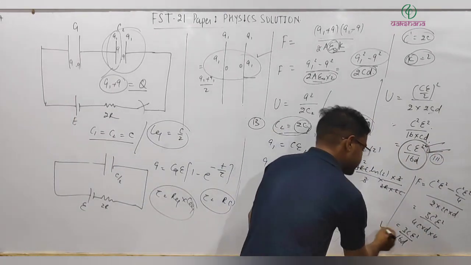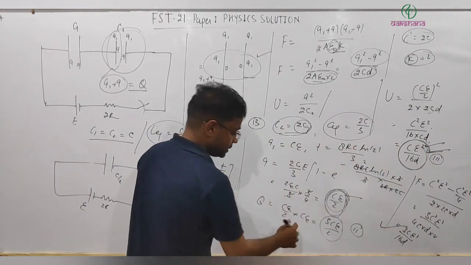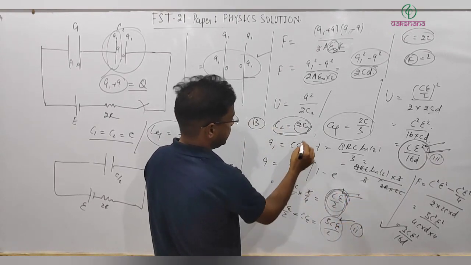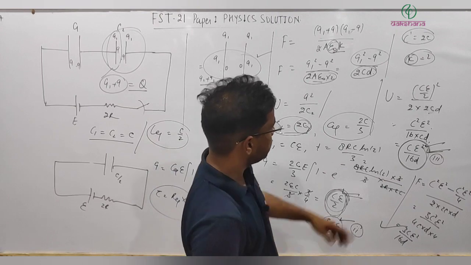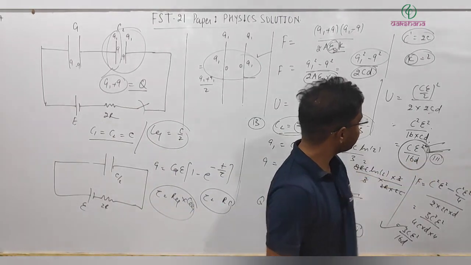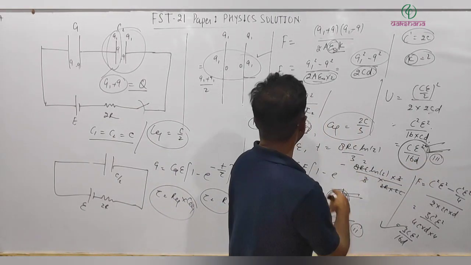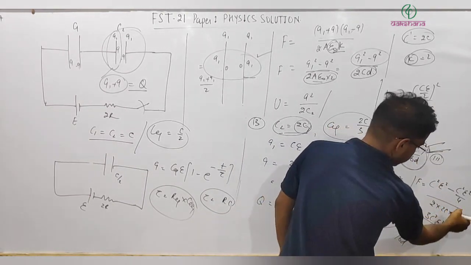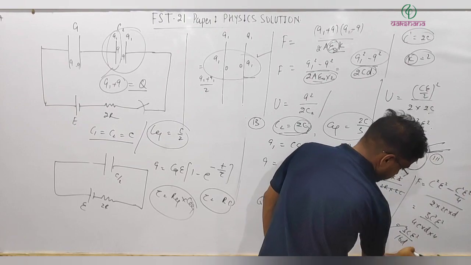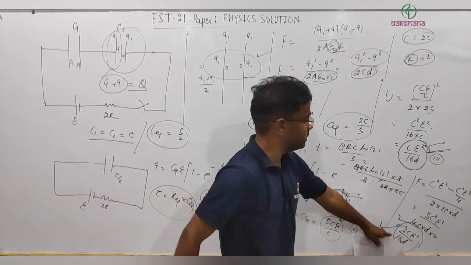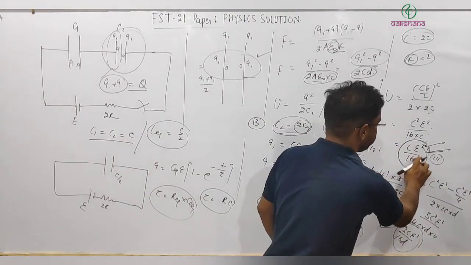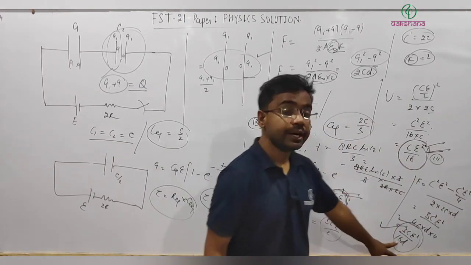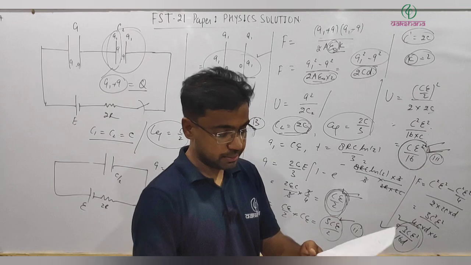So finally we get charge, energy, we solved this. In force we will get D, yeah, that's right. So this will be your force, this will be your energy, and final charge, and force. So that is our answer for problem number 13.